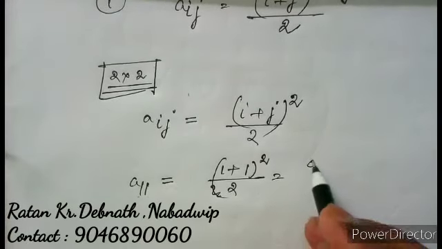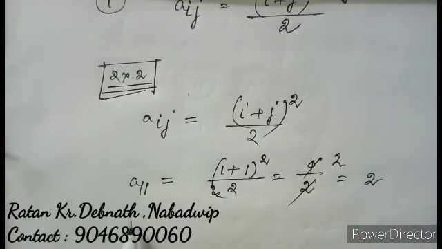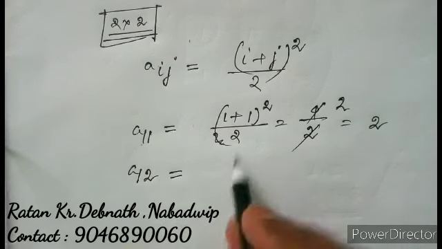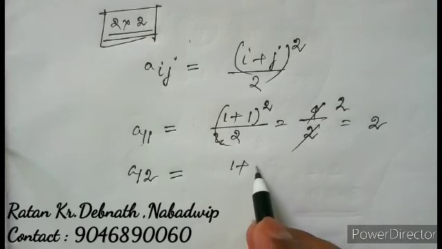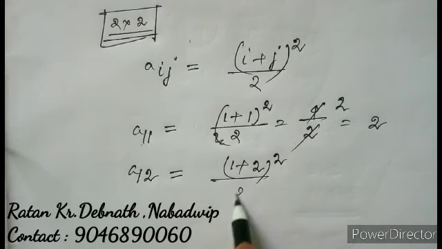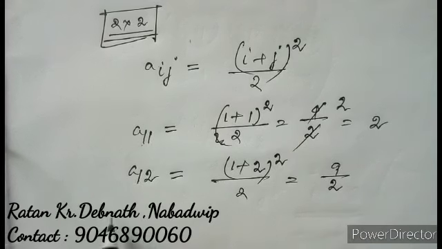So it will be 4 by 2, means 2. A12, that is second element of the first row. We have to put I equals to 1 and j equals to 2. That is 9 by 2.